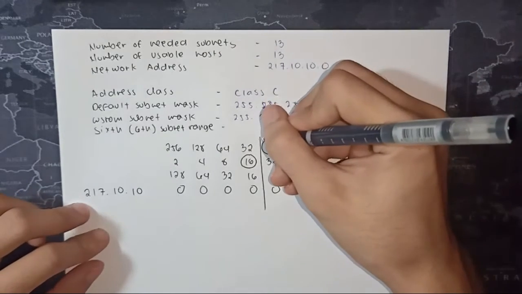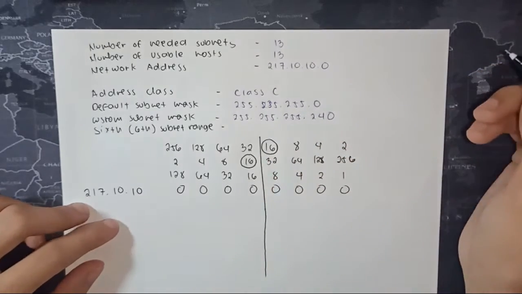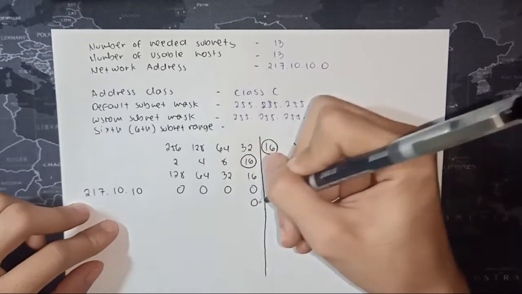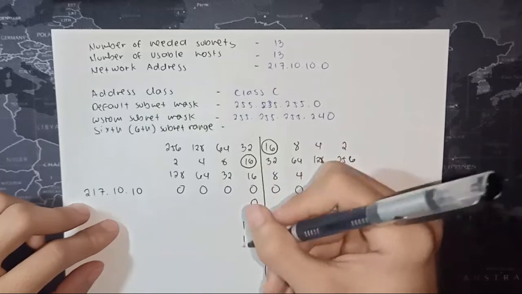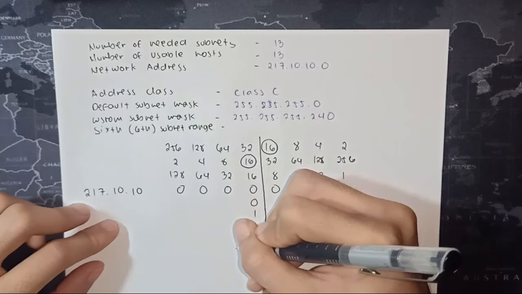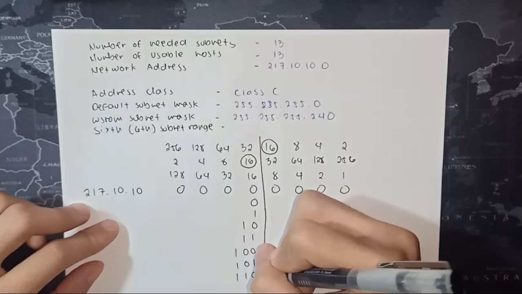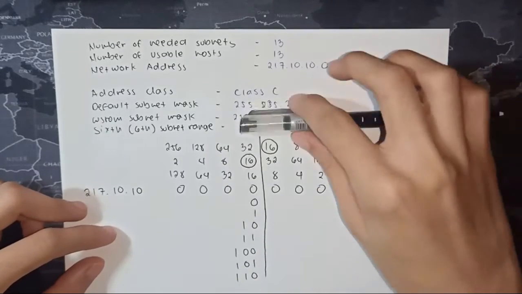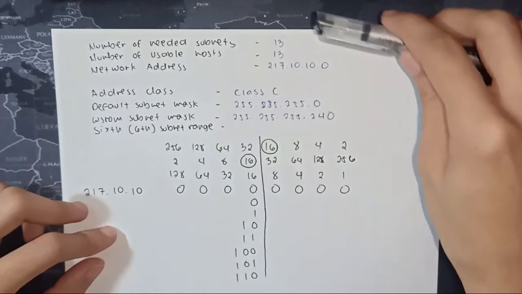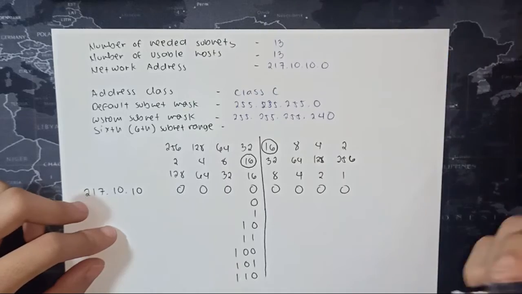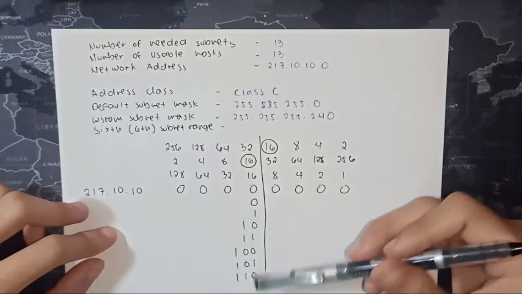So we're just gonna simply follow this rule. 0, 1, 1, 0, 1, 1, 1, 0, 0, 1, 0, 1, 1, 1, 0. We don't have to go further, since we are just going to find the 6th subnet range. So we're just simply going to multiply with this number.